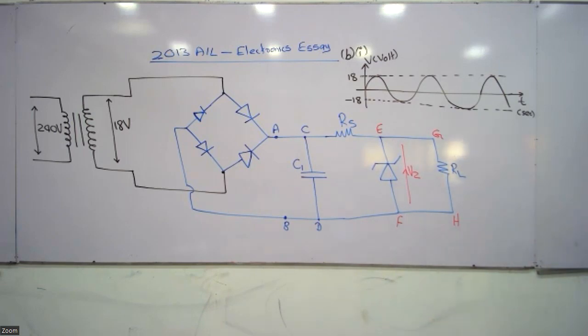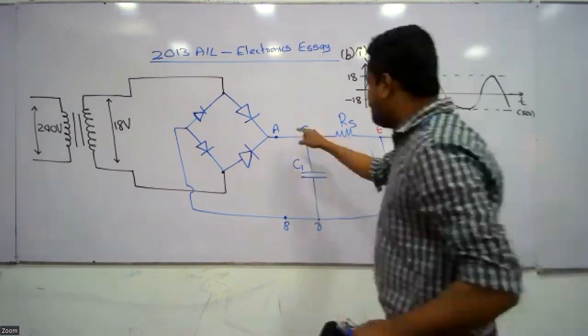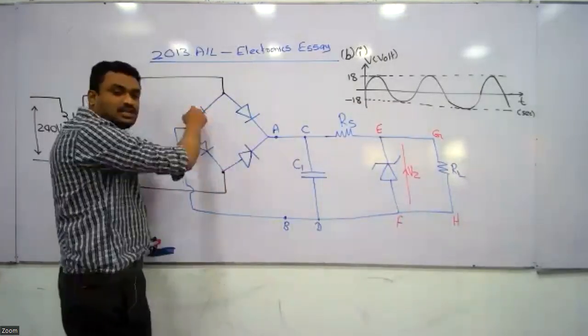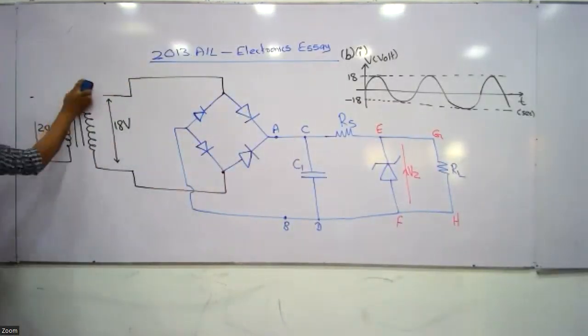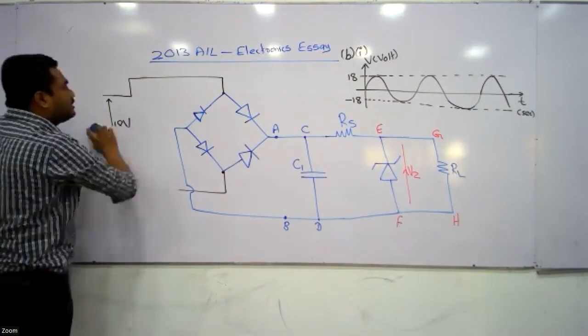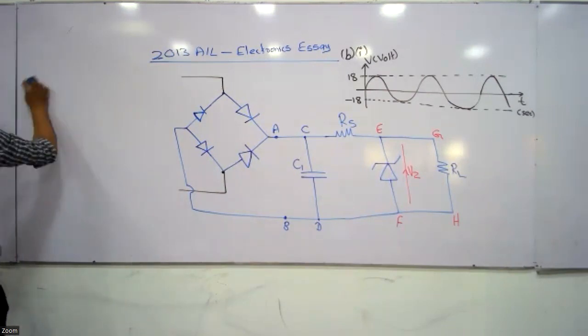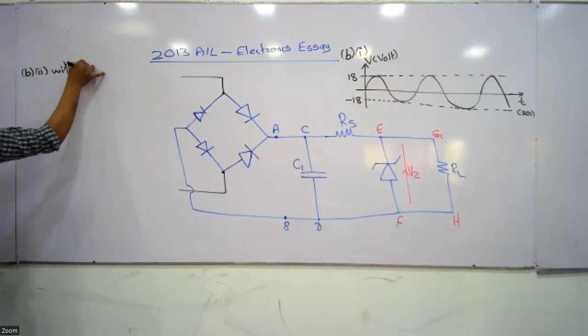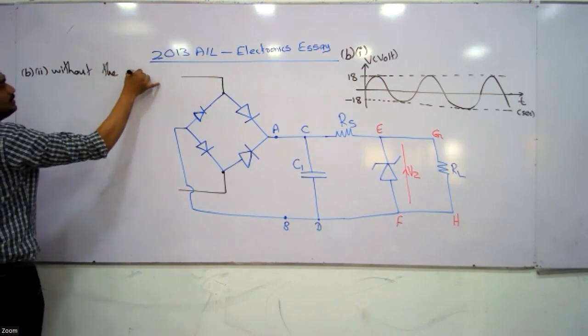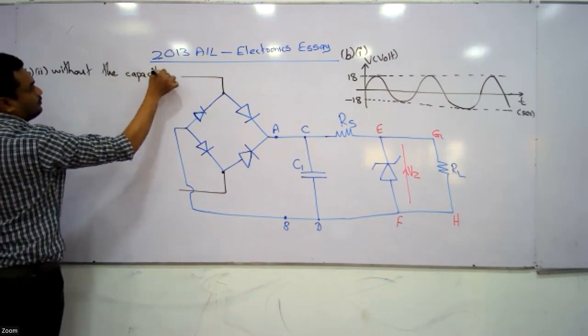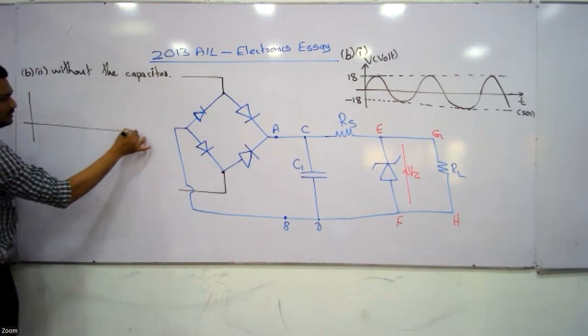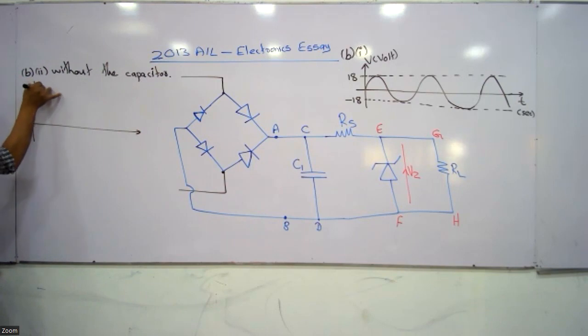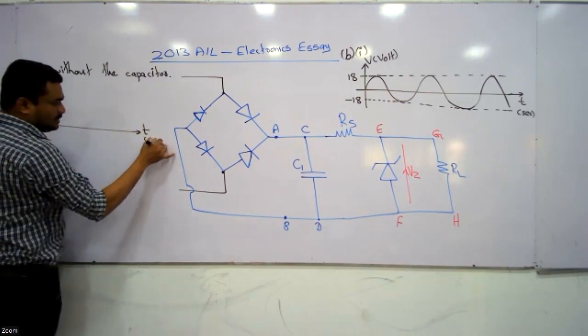B Roman number 2, rectifier output without the smoothing capacitor. What will be the rectifier output? Rectifier means the combination of 4 diodes. So what will be the rectifier output voltage without the smoothing capacitor? This is voltage measured in volts and this is T measured in seconds.